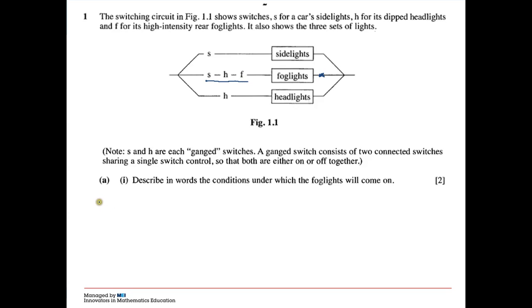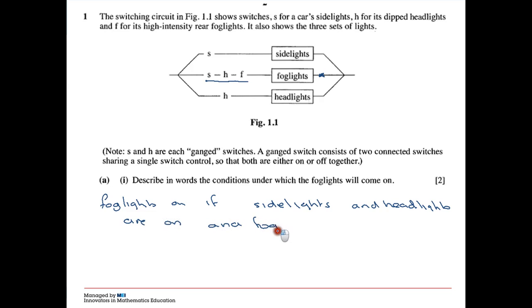So all we have to write down is fog lights on if the side lights and headlights are on and the fog lights on.